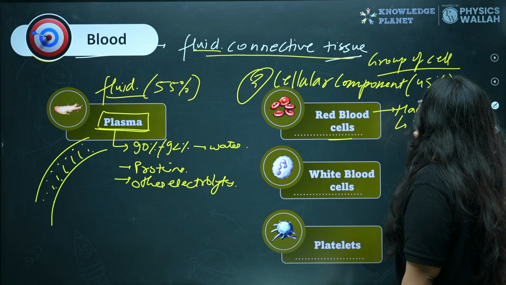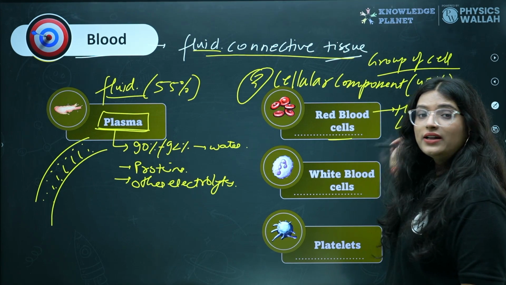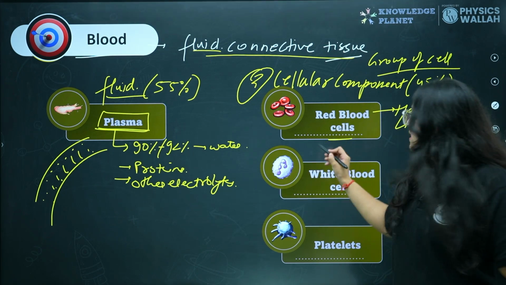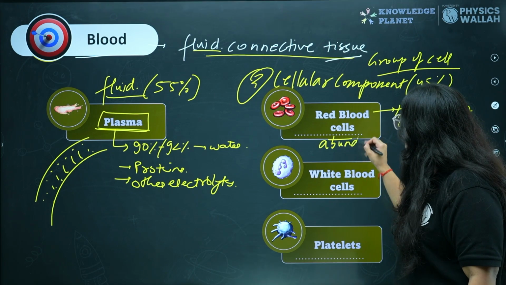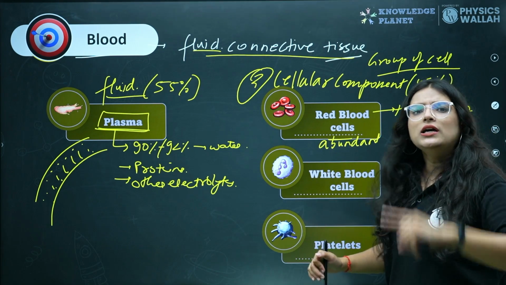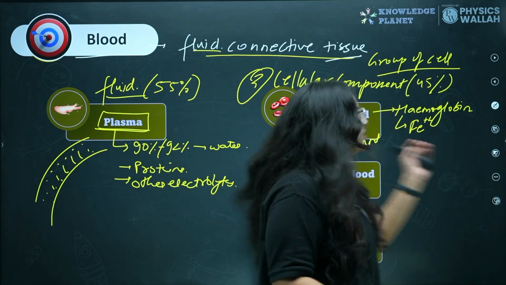Now this hemoglobin consists of iron, and because of this iron, this gives red color to the red blood cell, and in turn, since these red blood cells are abundant, they are maximum in number, therefore your blood appears red.